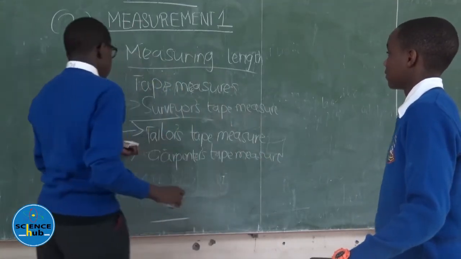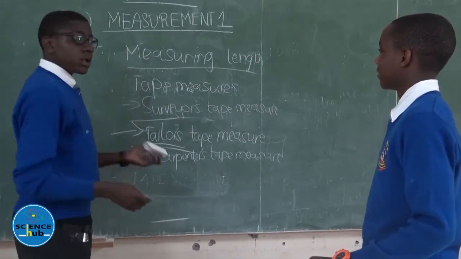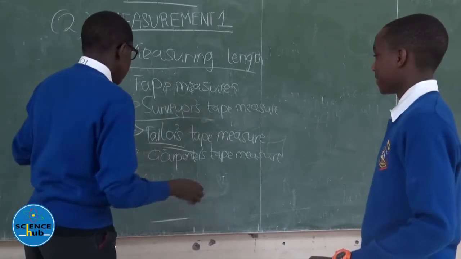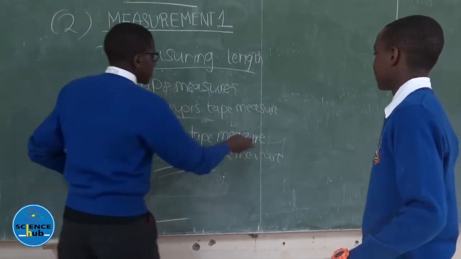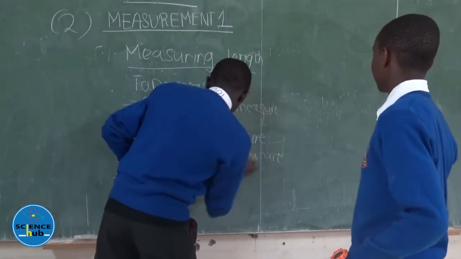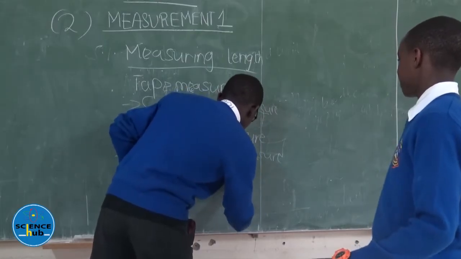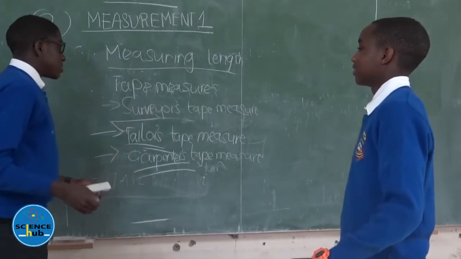Here, Chapo, let's get started on this. A Taylor's tape measure is used by tailors in making clothes and shoes and clothes, vests, such things. And a carpenter's tape measure is used to make furniture, mostly furniture. Measuring the length of wood to use.